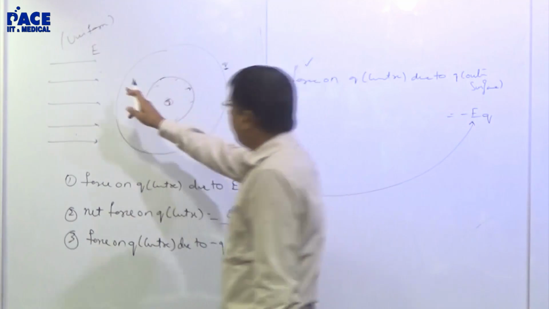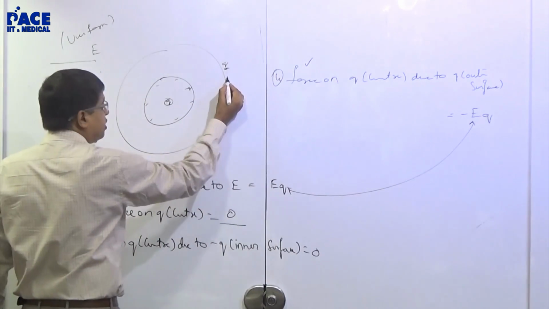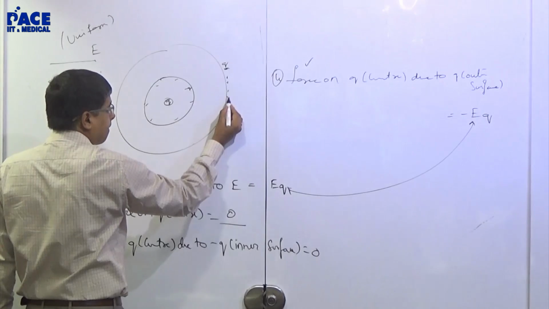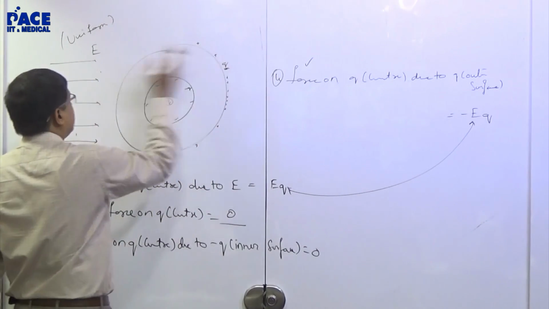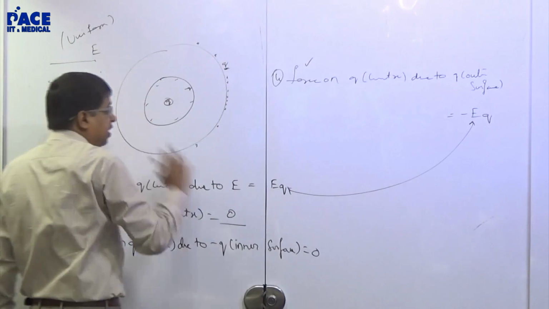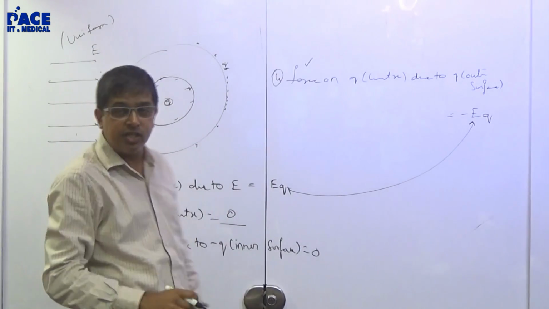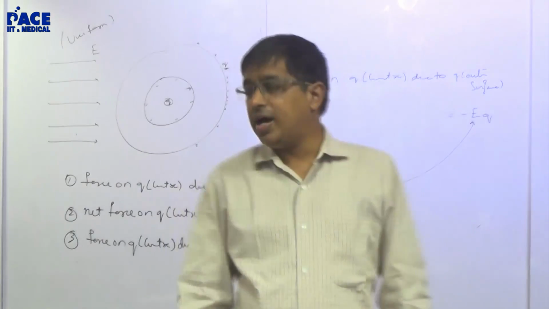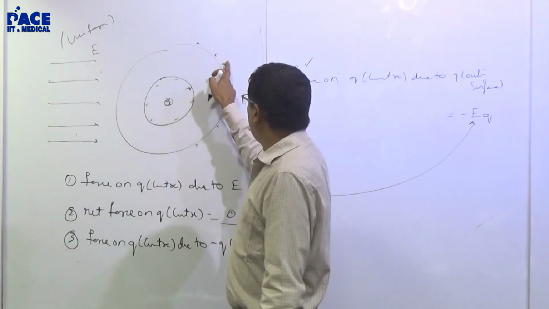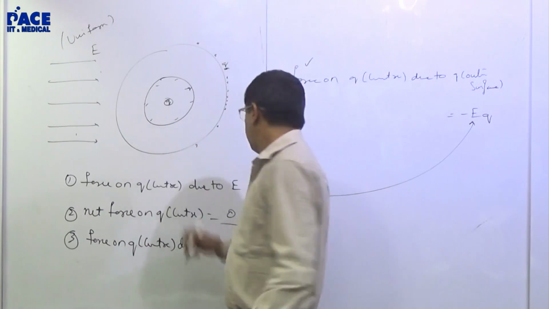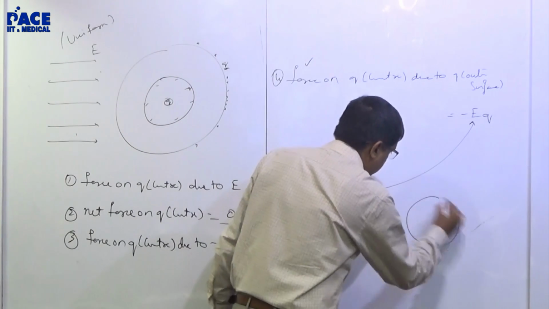Second point. If I have a field this way, this will redistribute itself this way, such that it can cancel out this effect everywhere inside. It will not be uniformly distributed. You may ask, if this is of a very large value and the Q is very small, then I will put the question this way.